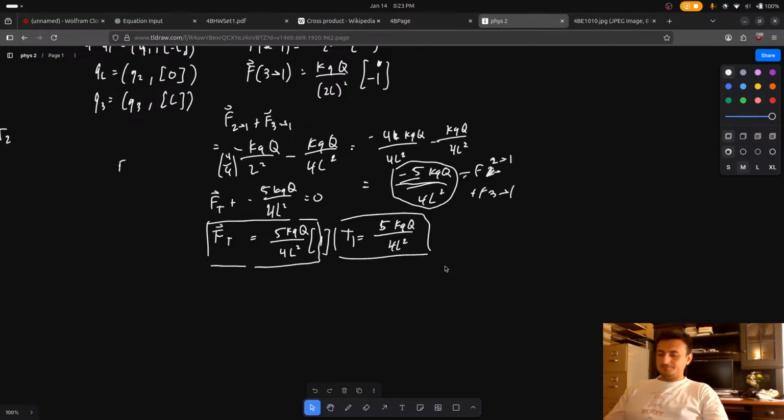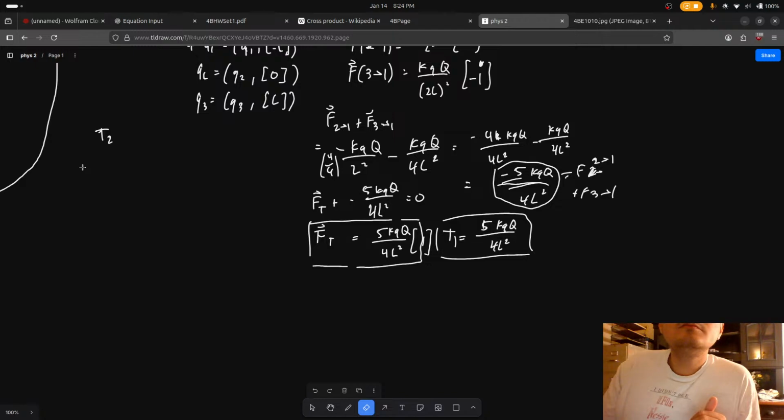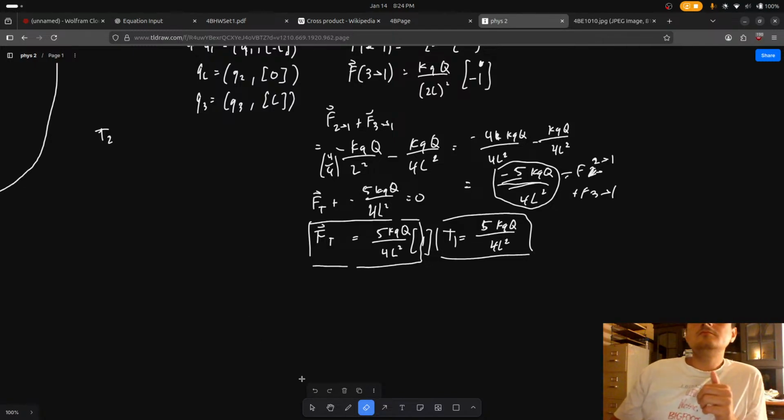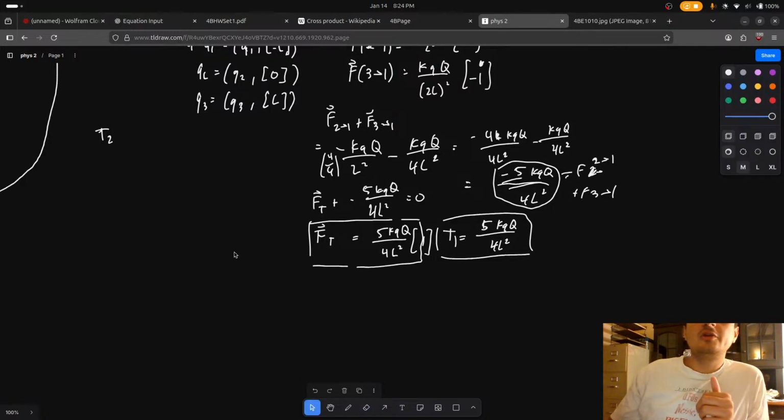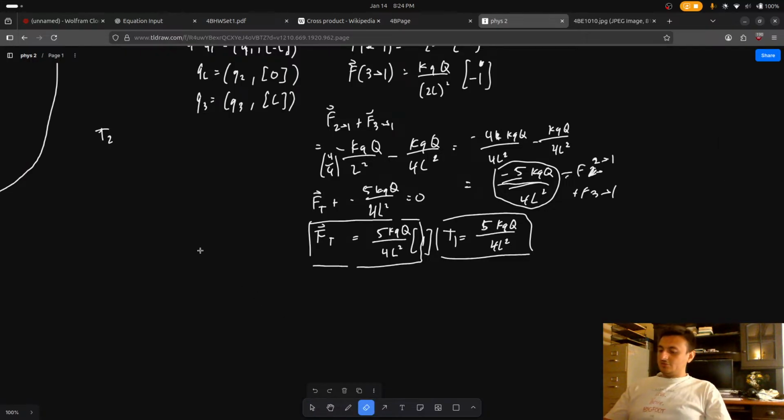Whoa. Oh, you can do a rectangle select. Okay, that's good to know. All right, so we have T2, F equals MA, system equals Q3. F1 on 3 plus F2 on 3 plus F tension is equal to 0.